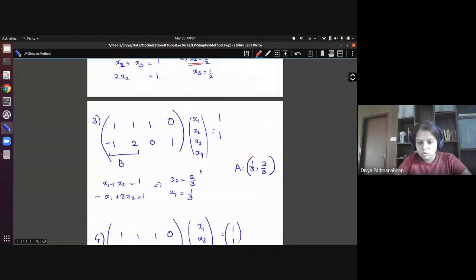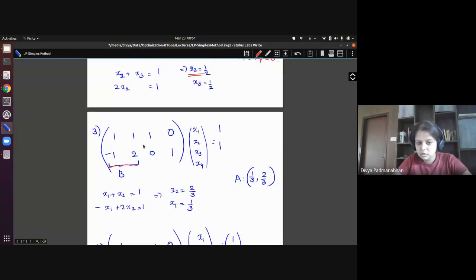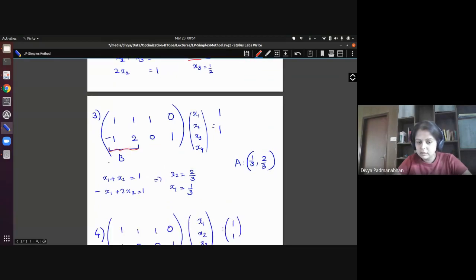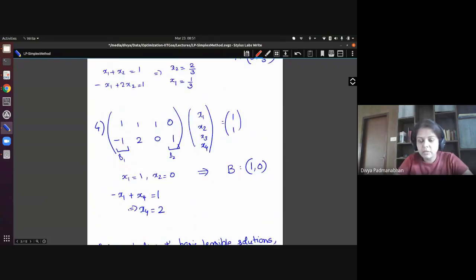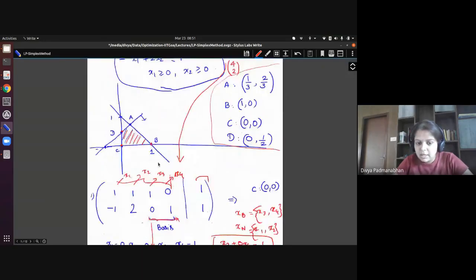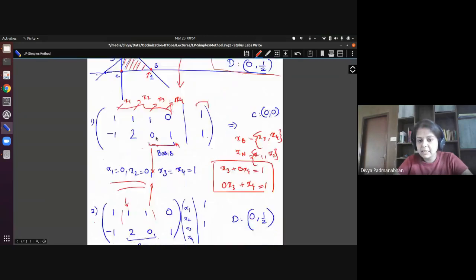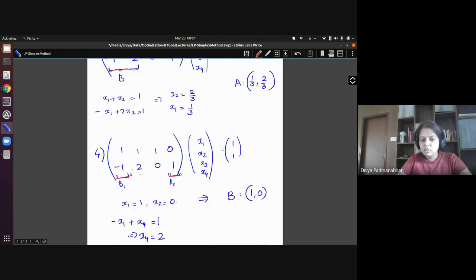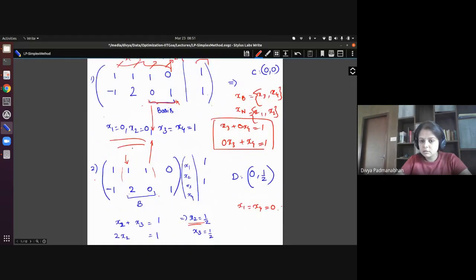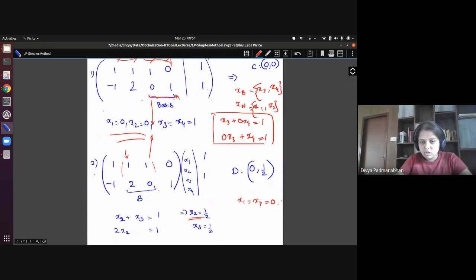If I'm looking at this vertex, the basic feasible solution corresponds to the first column and the last column. So x2 and x3 are 0 and x1 is 1. Now again, if you compare this and the one for C, this one was common.